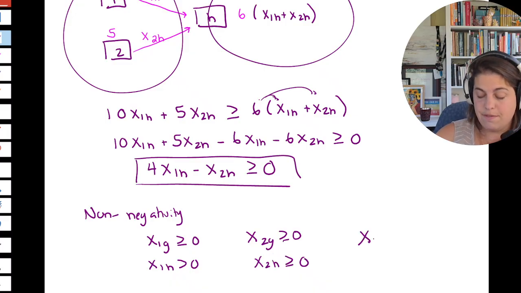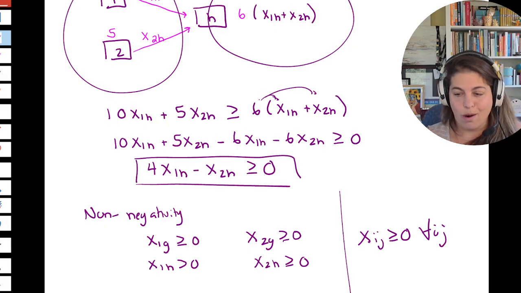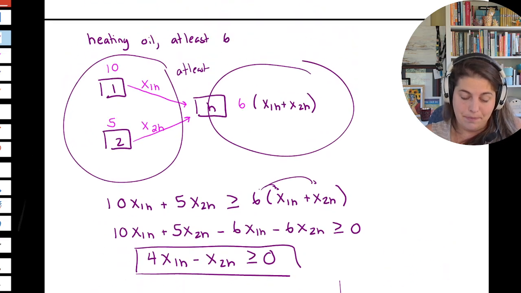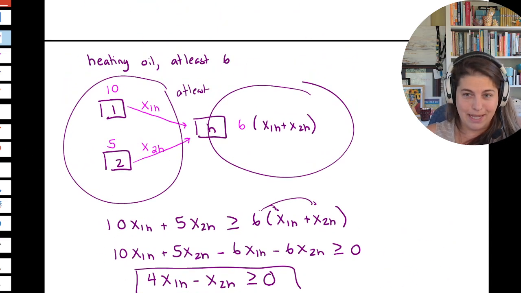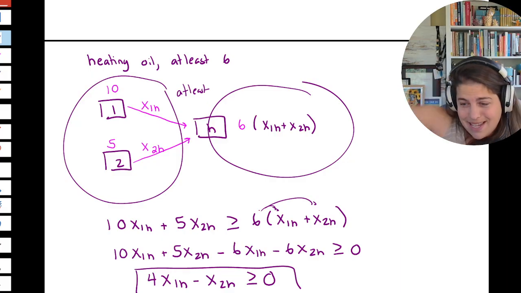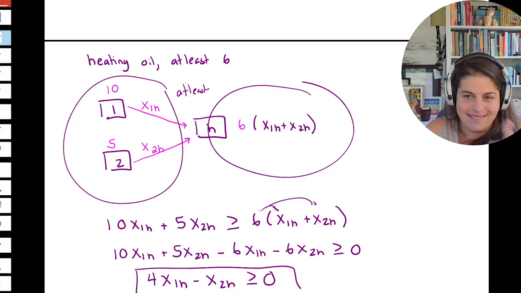Remember, you can also just write xij greater than or equal to 0 for all i, j. These mean the same thing. So that upside down A is for all. And there we go. Blending constraints. Hard, but if you look at my picture and you're like, this bubble versus this bubble, it makes more sense for some of us. There you go.